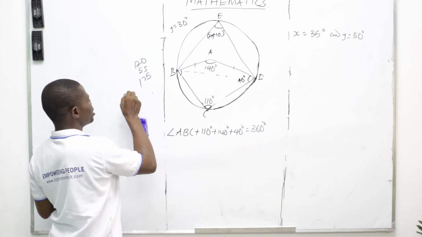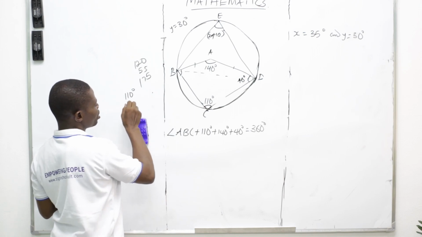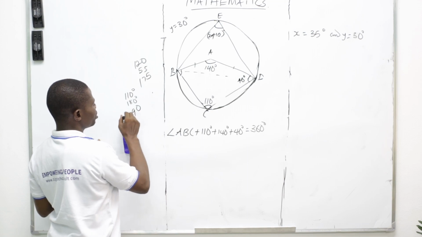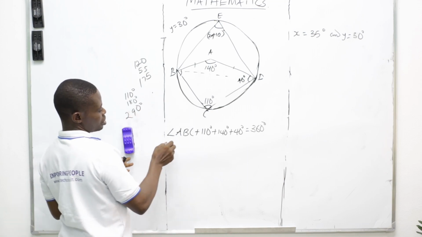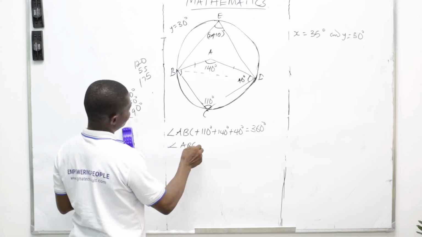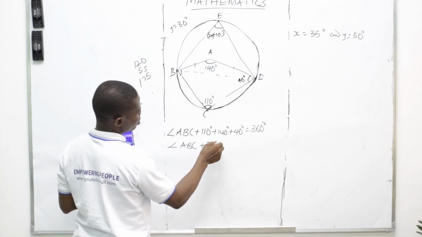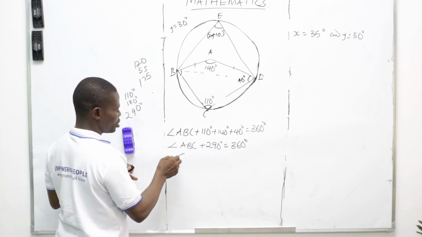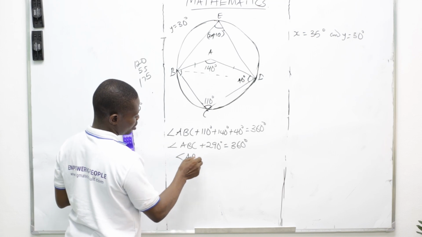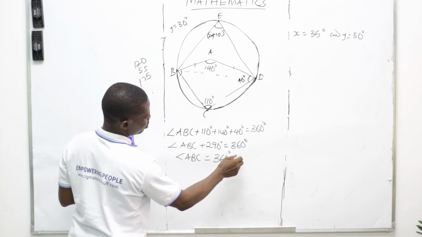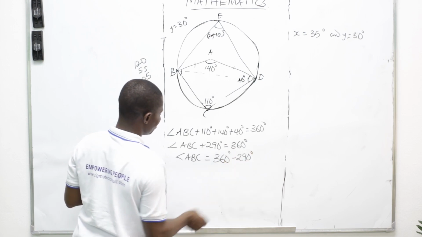This is 110 degrees and 180 degrees, that is 290 degrees. It means that angle ABC plus 290 degrees will be equal to 360 degrees. So angle ABC will now leave us with 360 degrees minus 290 degrees.